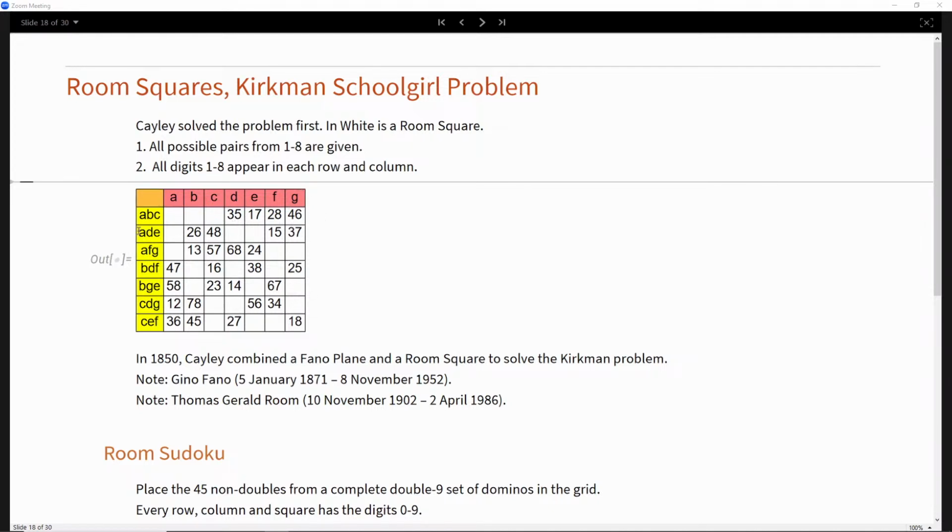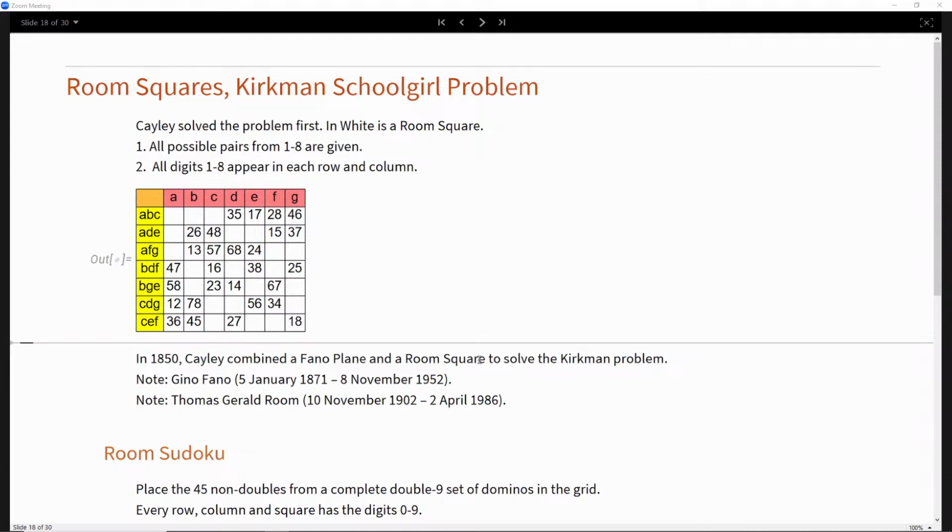And if you look at each row here, ADE would be one triple, B26, C48, F15, G37. Combined like that, we get 35 triples, and each one of these would be one day of the week in a method that solves Kirkman's problem. And to do that, all Cayley needed to do was combine a Fano plane and a room square, and that solved Kirkman's problem.